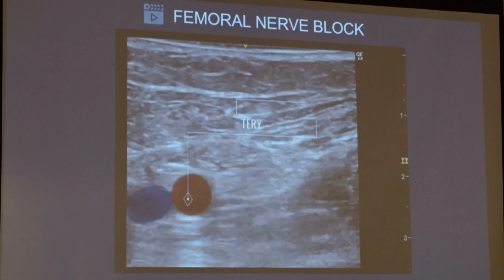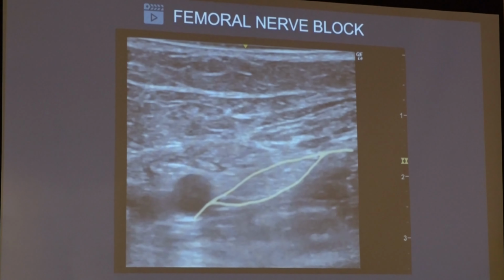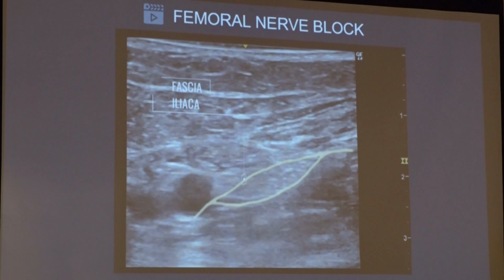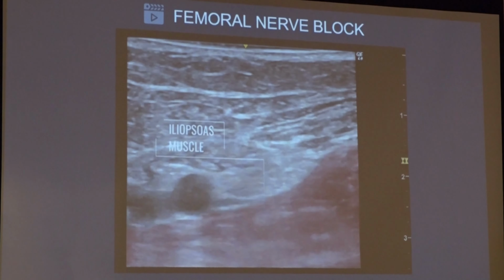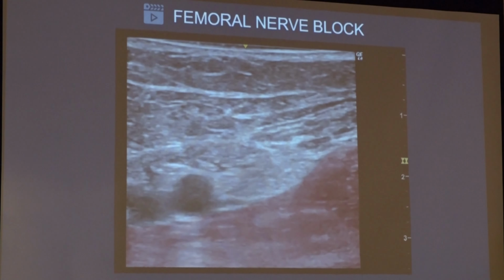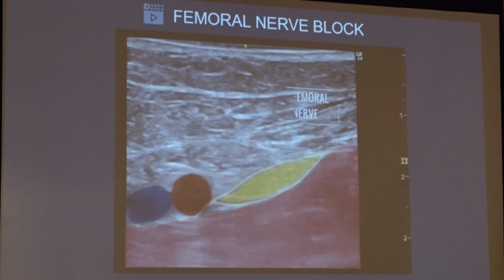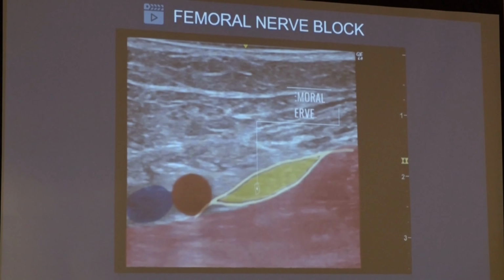The next structure is the fascia iliaca. It surrounds the nerve on top of the iliopsoas muscle. And finally, the iliopsoas muscle. The femoral nerve lies just on top of this muscle and within the fascia iliaca, lateral to the femoral artery.